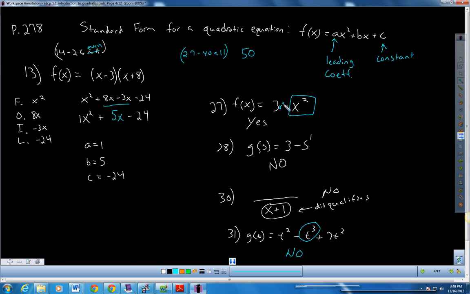Now, x to the 0 power is nothing more than 1, so usually we do not write it out as x to the 0 power. So anytime you see a constant, it's like multiplying by a variable to the 0 power. Yes, this is a quadratic function. It does satisfy. It has something raised to the second power. No, this is not a quadratic function. In fact, this would be a linear function because its highest degree is 1 here.